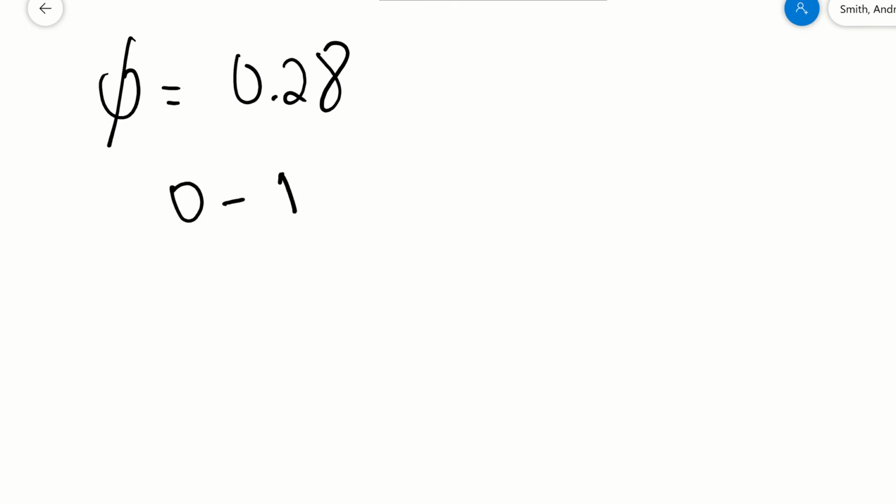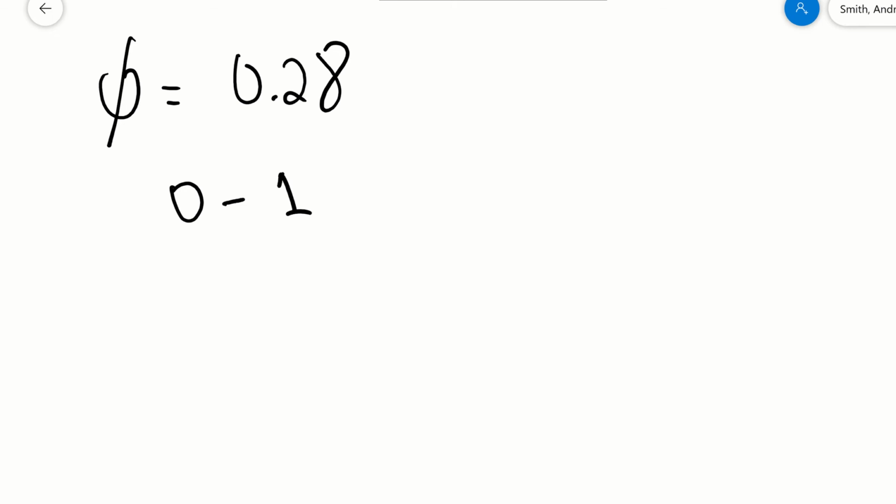So let's clear this out. So our phi is 0.28. And let's take phi to be a probability, right? A probability of strength of relationship, right? We know that probabilities go from 0 to 1, right?